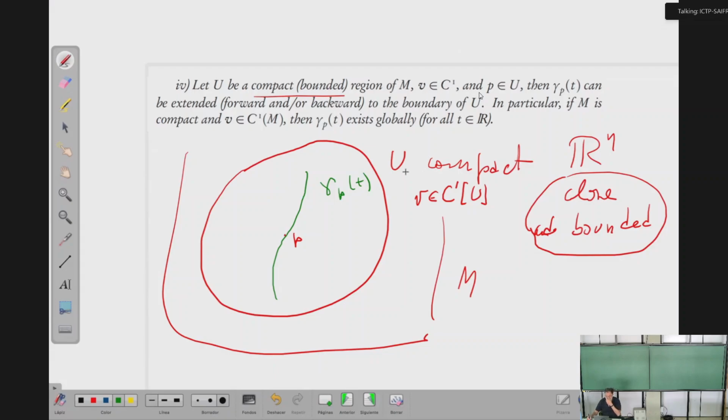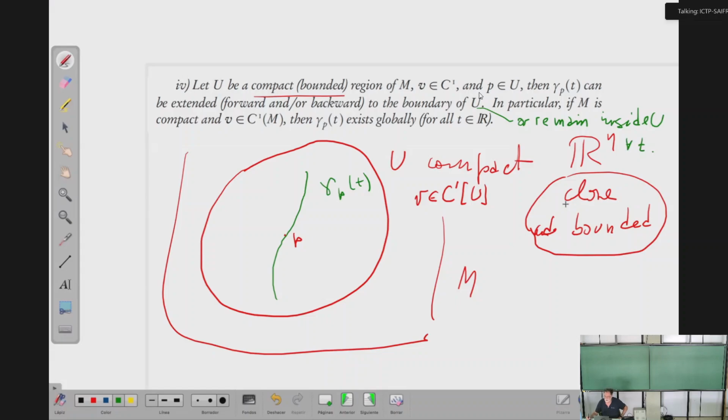This is a bit of an awkward phrase. This can be extended backward either to the boundary of U or infinitely, or remain inside indefinitely, for all times.